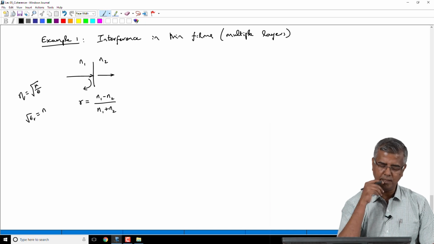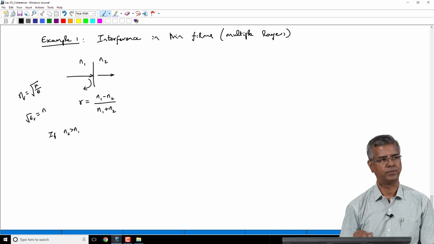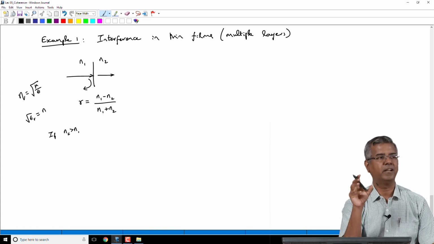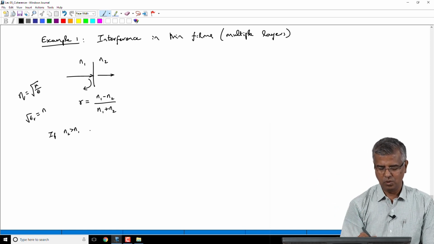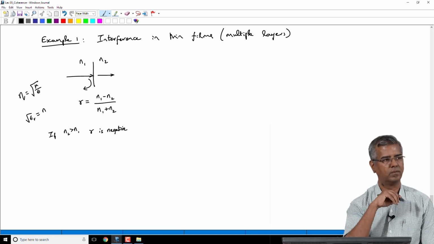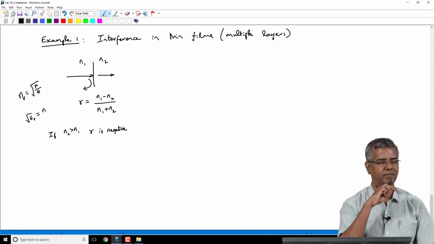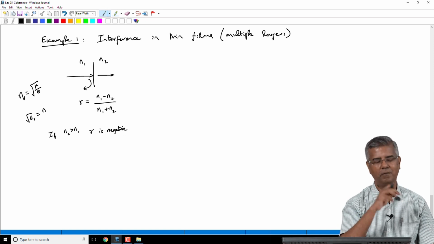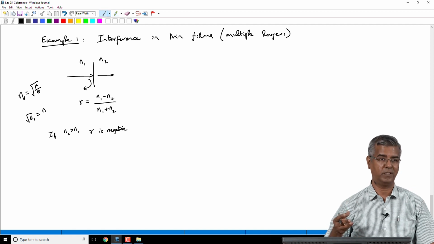Okay. So, what does that tell you? Especially if n2 is greater than n1, you are going from a rarer medium into a denser medium. What does R become? R is negative, right. What does a negative reflection coefficient mean? You have a wave that is coming and hitting this interface, which is giving you a negative reflection coefficient.